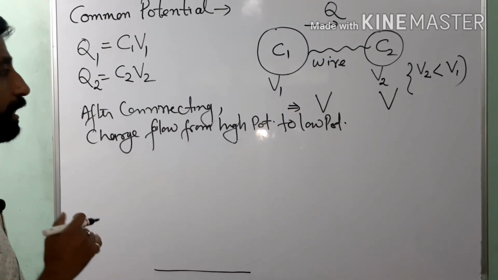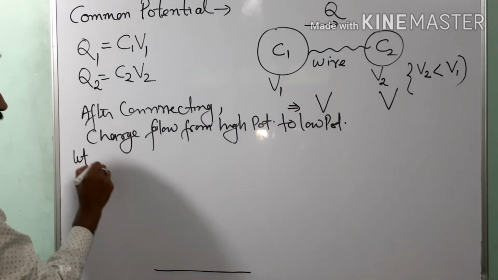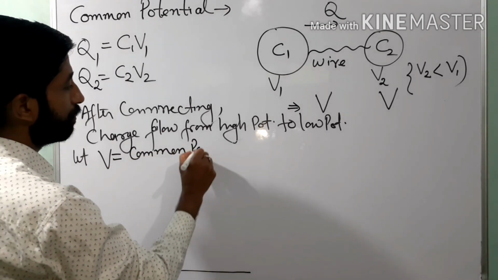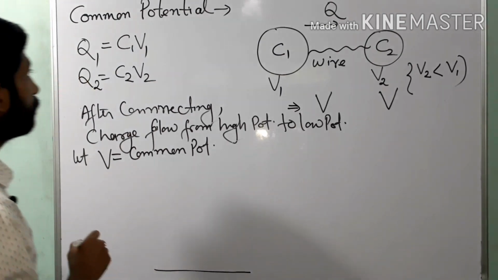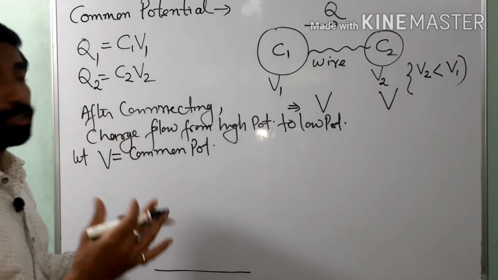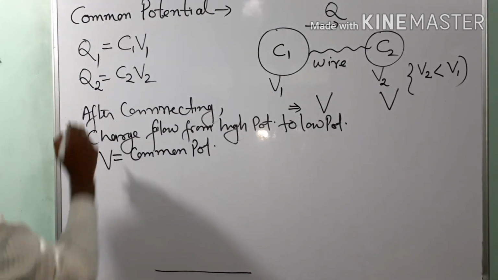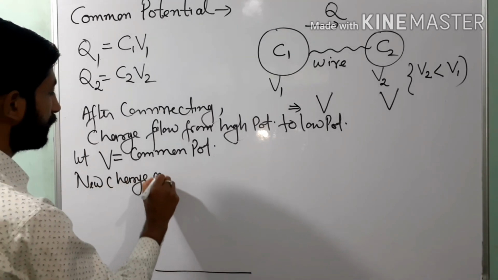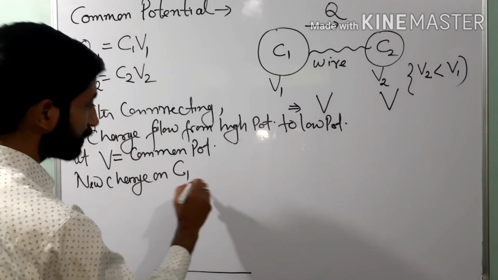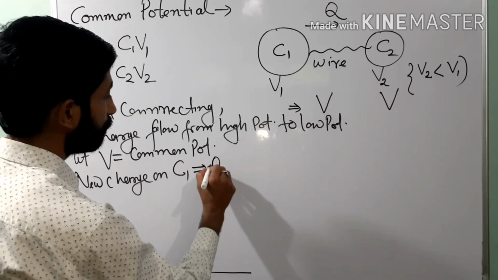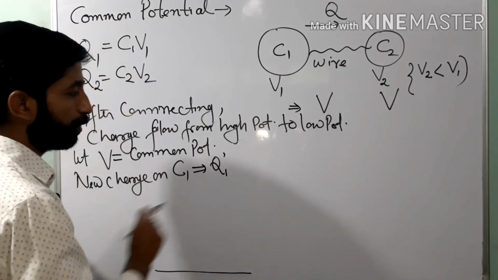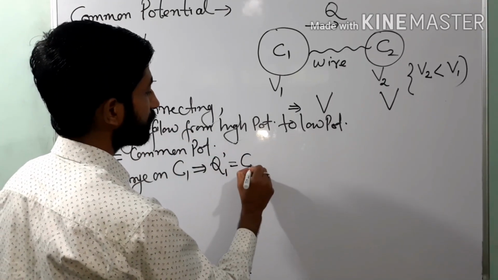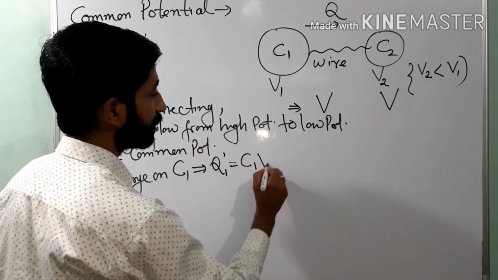Now let V be the common potential. The new charge on capacitor C1, that is Q1 prime, is equal to its capacitance and its potential V.